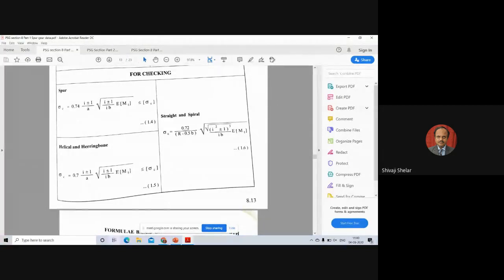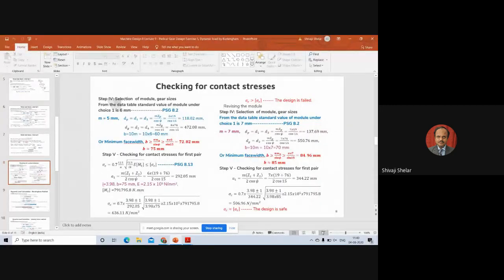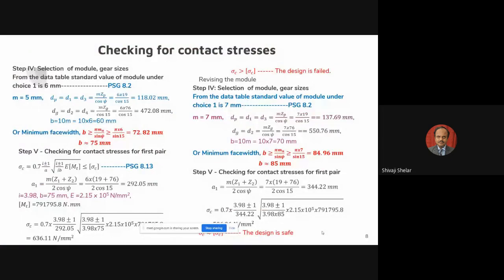Okay, let's go back to the calculation. Now we are doing the calculation of contact stress. With this formula, we require the input of center distance. The center distance for the first pair will be A1 equal to m into (Z1 plus Z2) upon 2 cos psi.